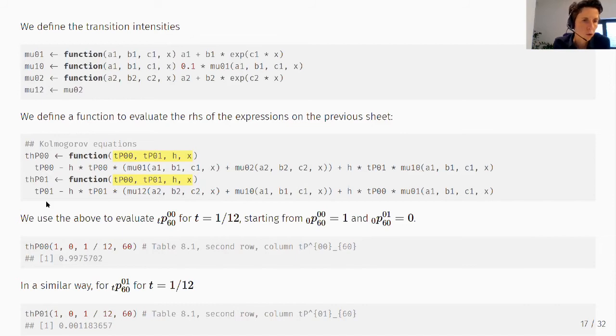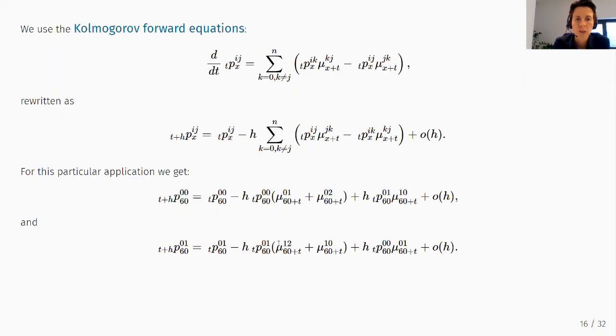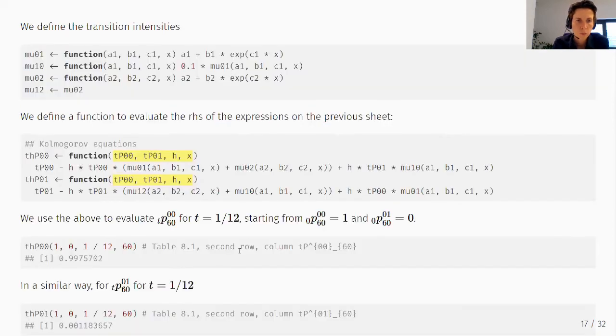And I do the same for the TP01, which is then the right-hand side of the second equation over here. So putting that all together, I now got my functions, which I want to use, and then the idea is just to use them in the appropriate way. That's essentially what I wish to do.